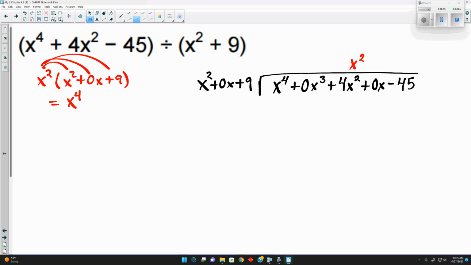X squared times 0x is going to be plus 0x cubed, because it's still 0 technically, but x squared times x is x to the third. And x squared times 9 is going to be plus 9x squared. Any questions on any of this here?